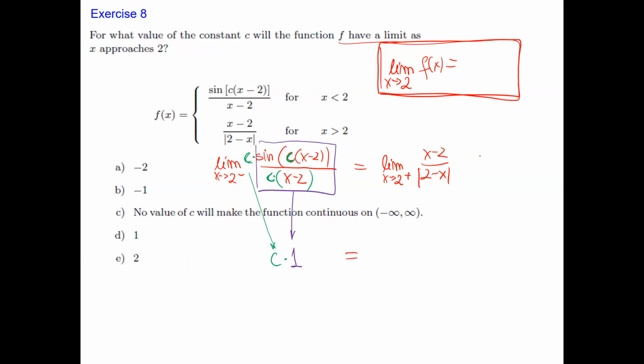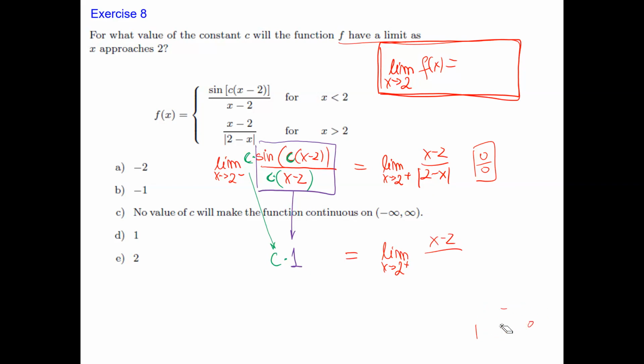Now, this one is 0 over 0. First of all, let's rewrite it one more time. If we have absolute value, we have to rewrite without the absolute value. If the quantity inside the absolute value is positive, for instance absolute value of 5 is 5, absolute value of 100 is 100, we may ignore the absolute value.